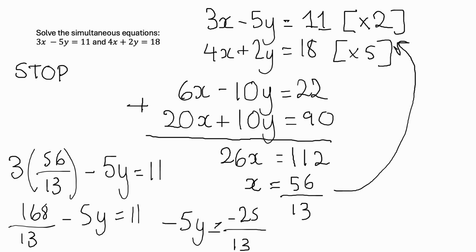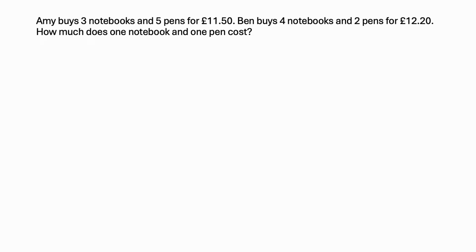And then to eliminate that negative 5, we have to divide both sides by negative 5. So we get y is equal to 5 over 13.